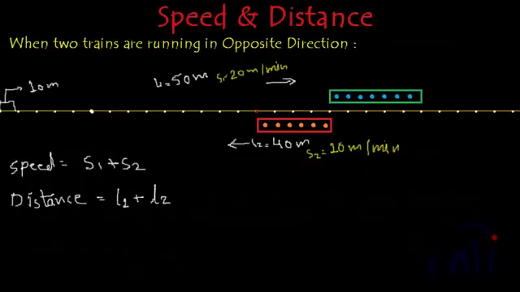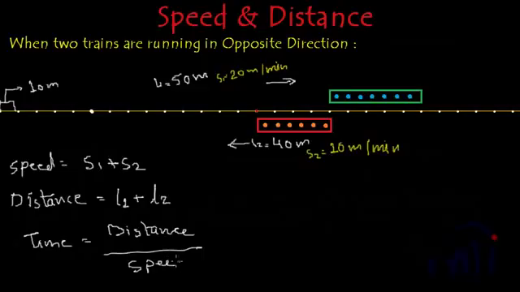Right? So how much time will they take to cross each other completely? Time is equal to distance by speed. Right? What is the distance? Distance is the sum of both their lengths. So their lengths were 50 and 40, and the speed when they are running in opposite direction is also the sum of both their speeds.